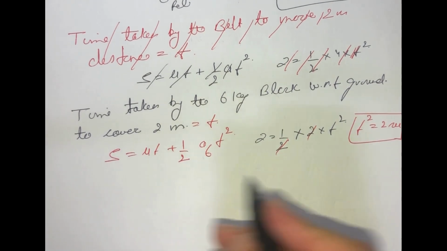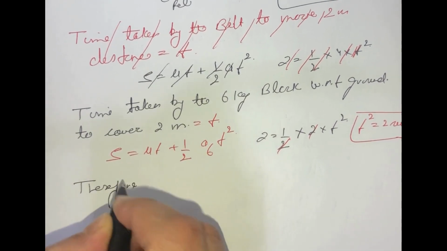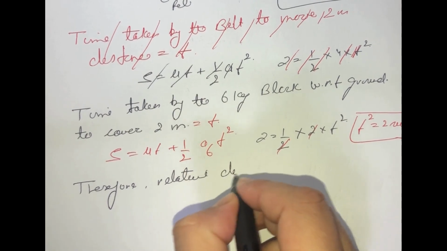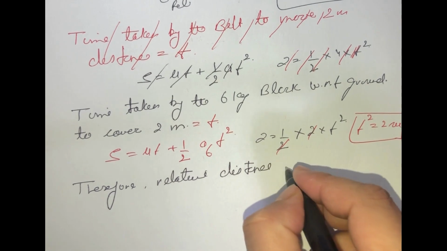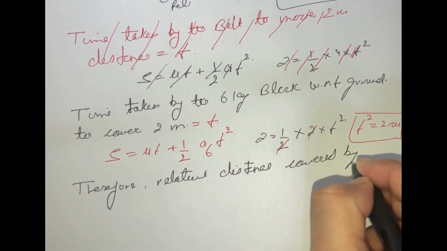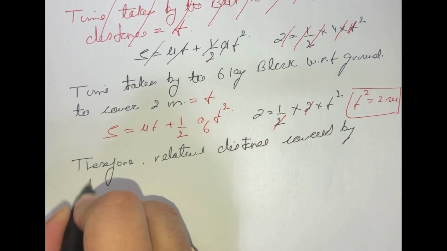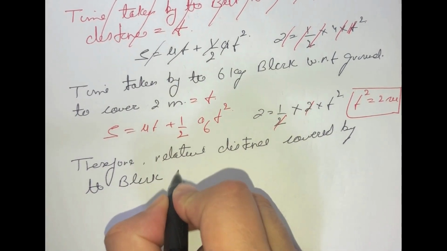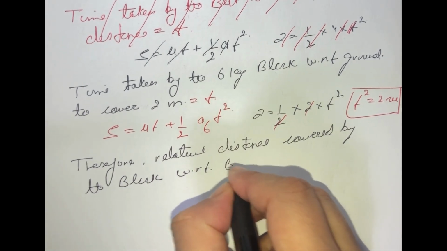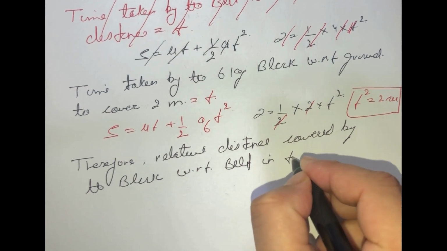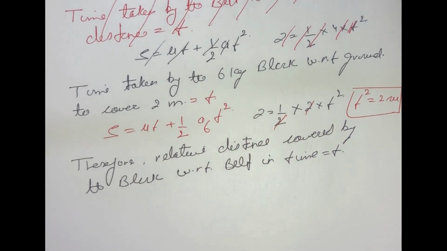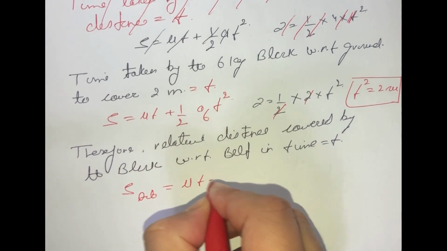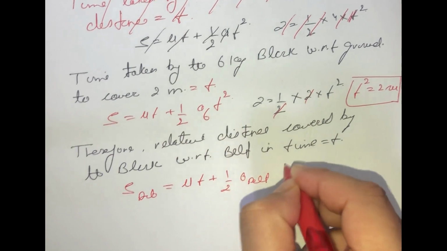Therefore, the relative distance covered by the block with respect to belt in time t: we can use s relative will be equal to ut plus half a relative t square.